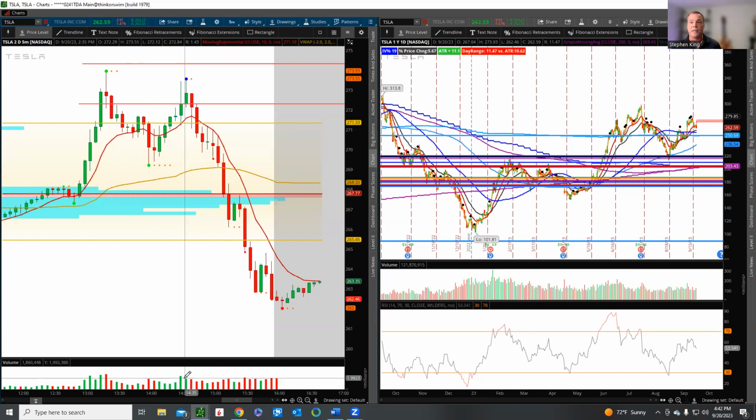Compare this volume right here, draw a line, to this volume over here, especially this one, which corresponds to this candle. Same volume. Look at that. That's 2.5 million, 2.3. Pretty close.